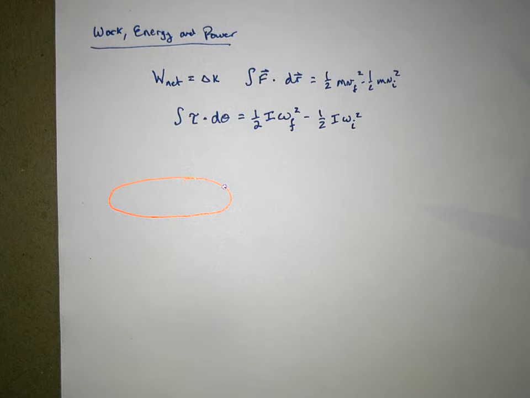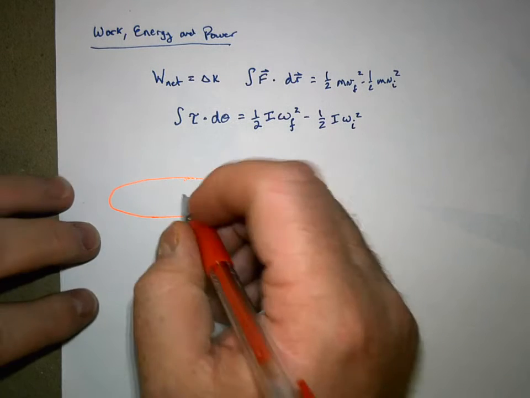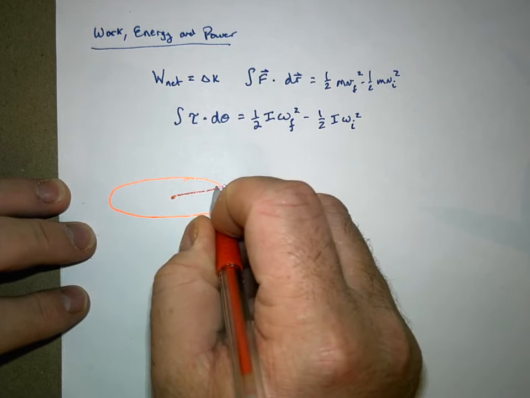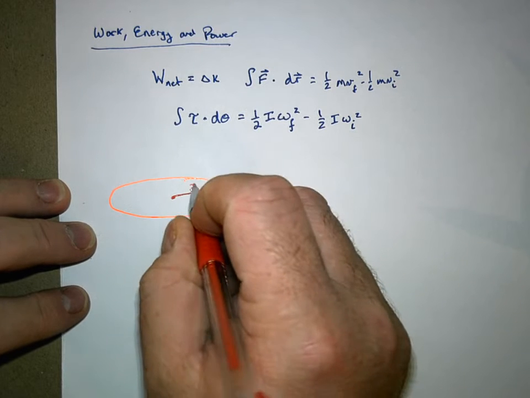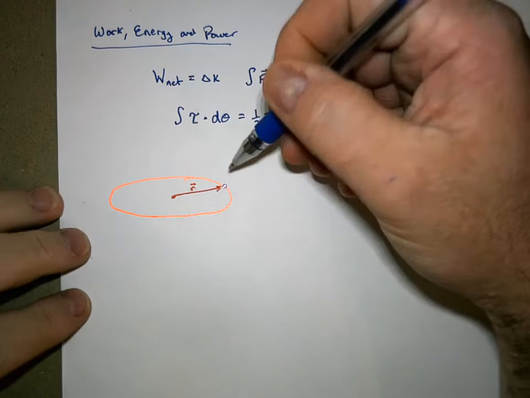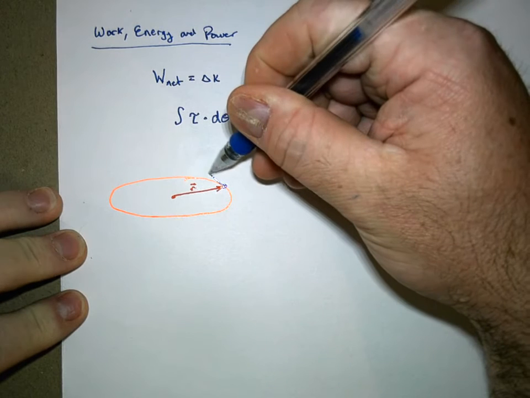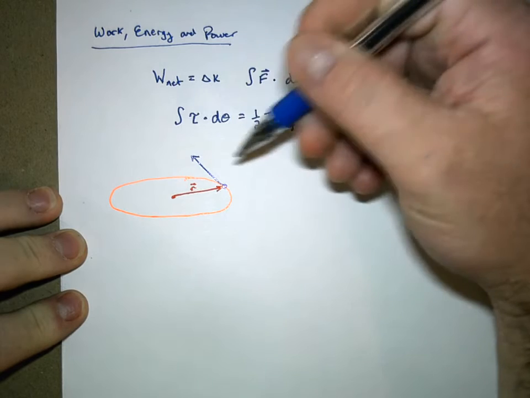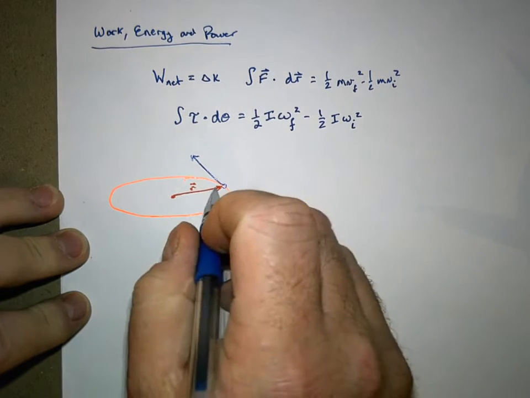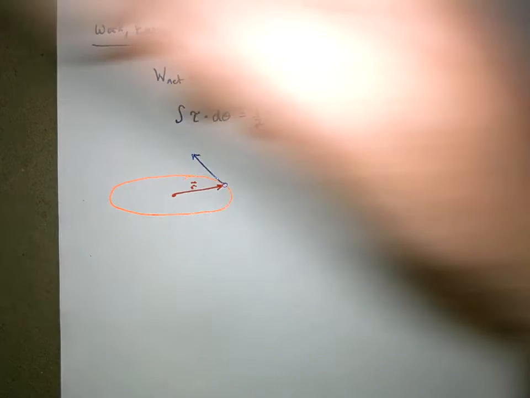From the center of our circle, we have our radius that points to our mass. That's our r. And we're going to apply a force to this, and this is a tangential force going off in that direction.